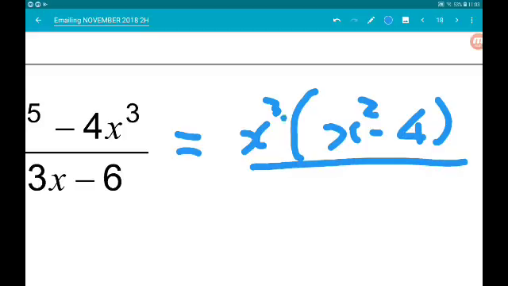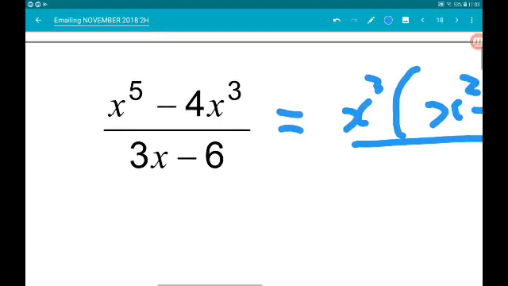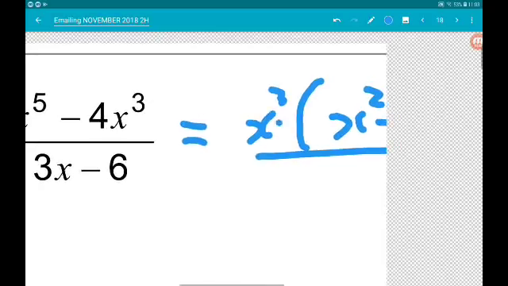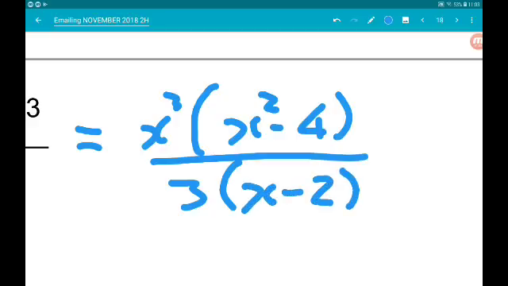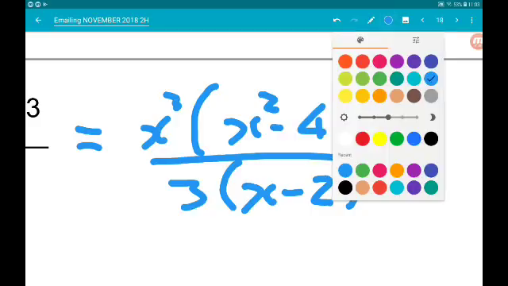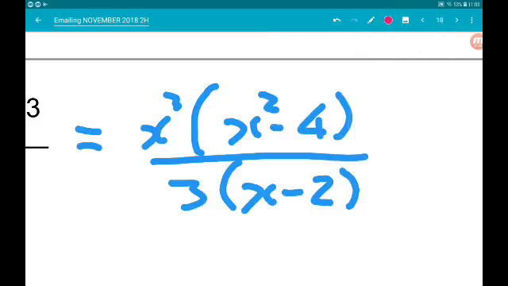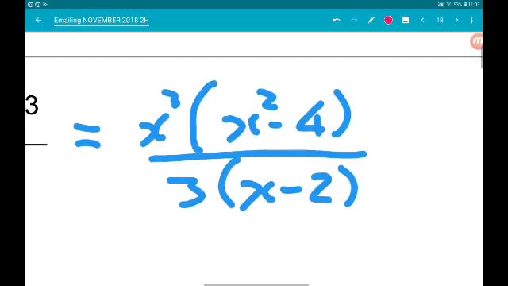And on the bottom, there's a common factor of 3. So on the bottom we get 3 lots x minus 2. Now from that, it may look like we can't go any further, but this is a special type of quadratic.